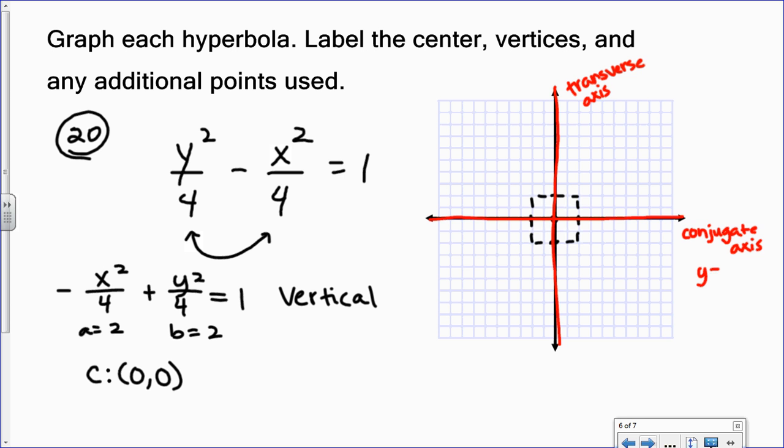Okay. So horizontal lines are y equals, vertical lines are x equals, and it's the x and y coordinates of your center. So x equals, the x coordinate is 0, y equals, the y coordinate is also 0.